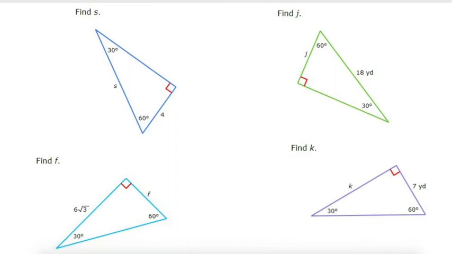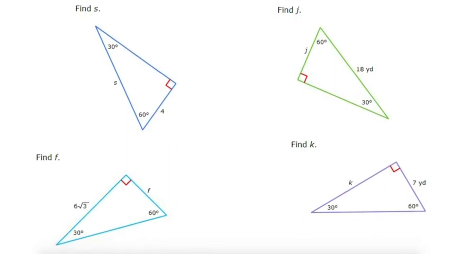All right, now let's consider the other type of special right triangle, which is the 30, 60, 90 right triangle. Again, this name just refers to the angles that are in the triangle. So if you have a triangle whose three angles measure 30 degrees, 60 degrees, and 90 degrees, then you have a 30, 60, 90 special right triangle.